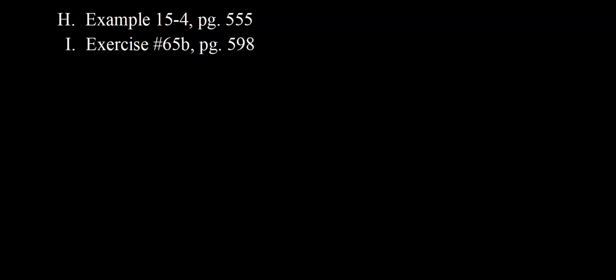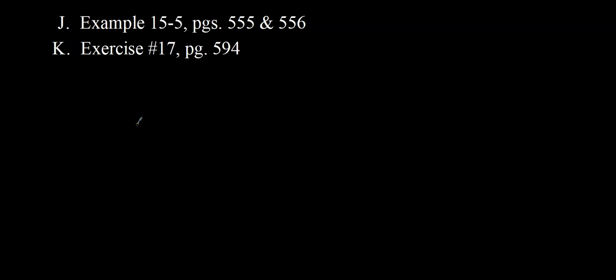All right, 65B, I actually already assigned, but review that problem. Once again, we calculated the energy released by the reaction, and then we take that energy and divide it by moles of the limiting reactant. So we have a limiting reactant situation, so make sure to always divide by moles of the limiting reactant.